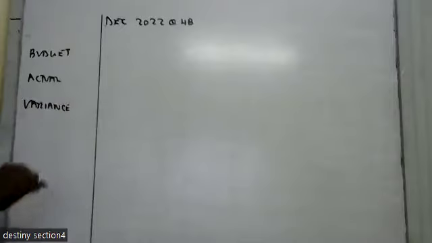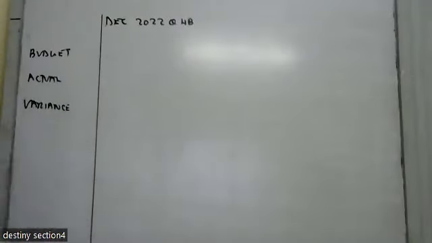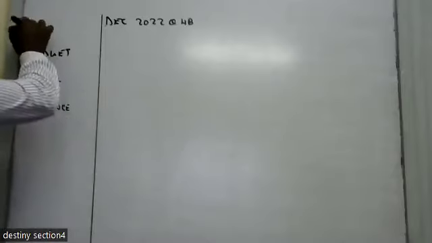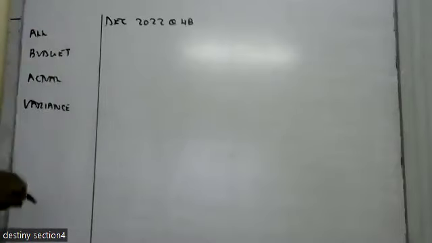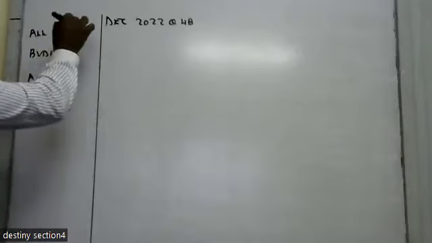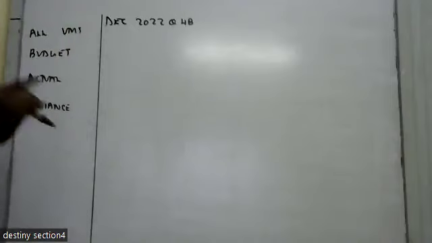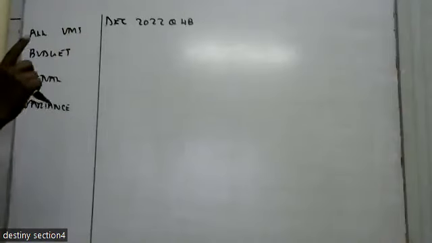Variance. Now, in the world of variances, we do not use the word budget more, but we use the word standard. The difference between budget and standard is that budget is usually given for all the units, but standard is given for one unit. So they are both predetermined, but standard is for one unit and budget is for all units.